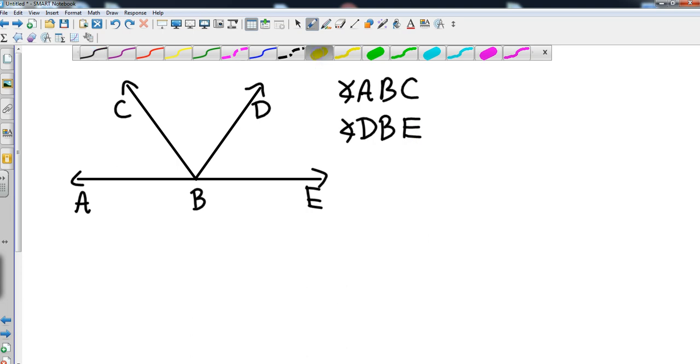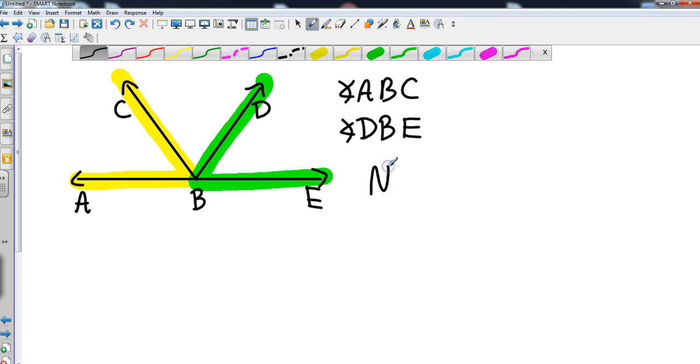So this angle right here and this angle right here, even though they share a common vertex, they do not share a common side. So that makes these two angles non-adjacent.